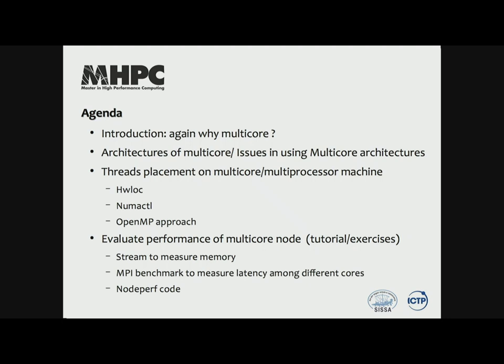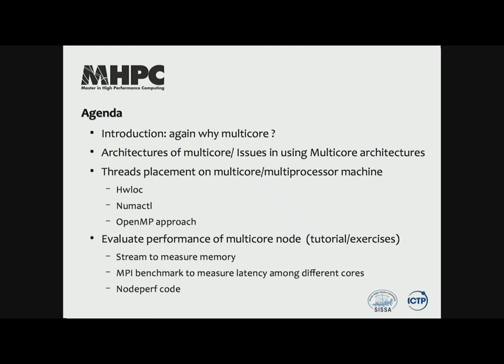So this is the actual agenda of the lecture. Why multi-core was clearly explained by Luca this morning. A few issues were already presented yesterday, and then the most important point is thread placement on multi-core and multiprocessor machines, because this morning Luca showed how to write a parallel code by means of OpenMP.